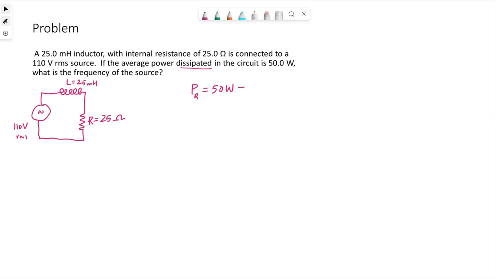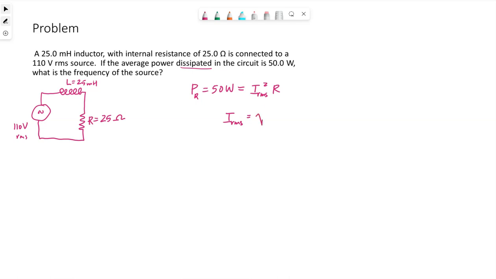If we look at our equations for power dissipated by a resistor, they can be written multiple ways. I kind of like just the IRMS squared times R. We know the value of the resistor. We know the power, so we can use this to find IRMS.